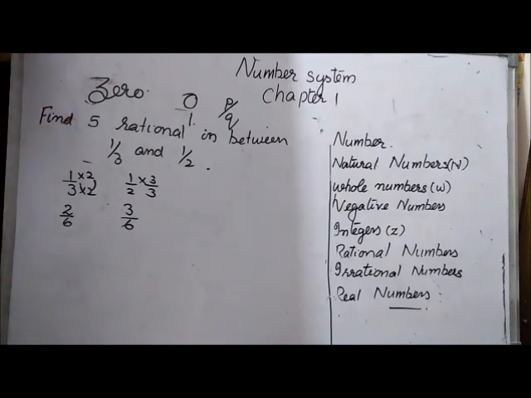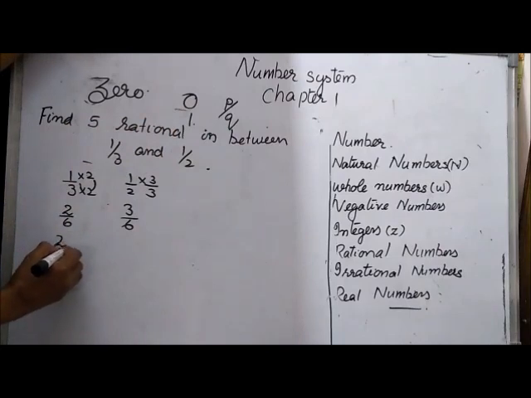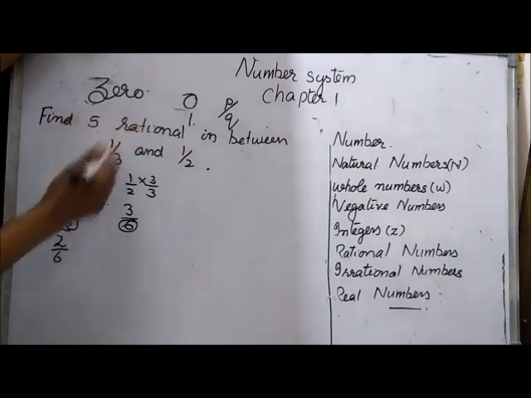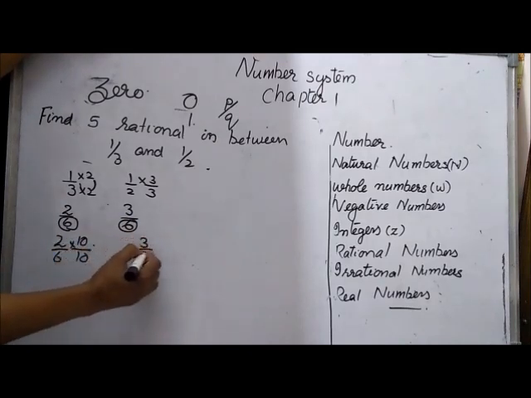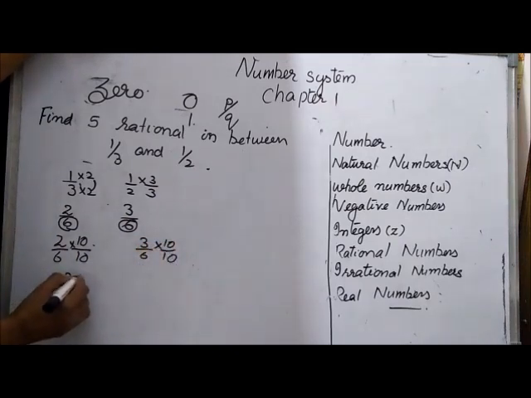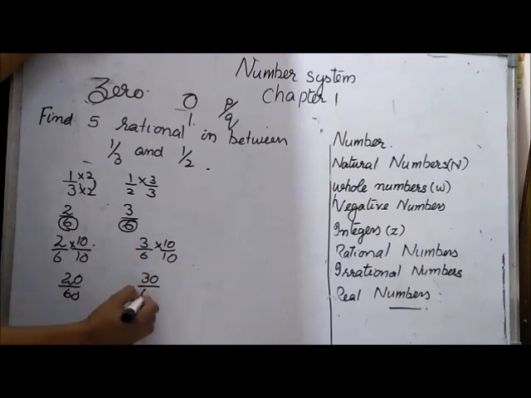Now we need 5 rational numbers, so we multiply again. The denominators are the same, and we can multiply by 6, but it is easier to multiply by 10. So 2 by 6 into 10 by 10 and 3 by 6 into 10 by 10 gives 20 by 60 and 30 by 60.